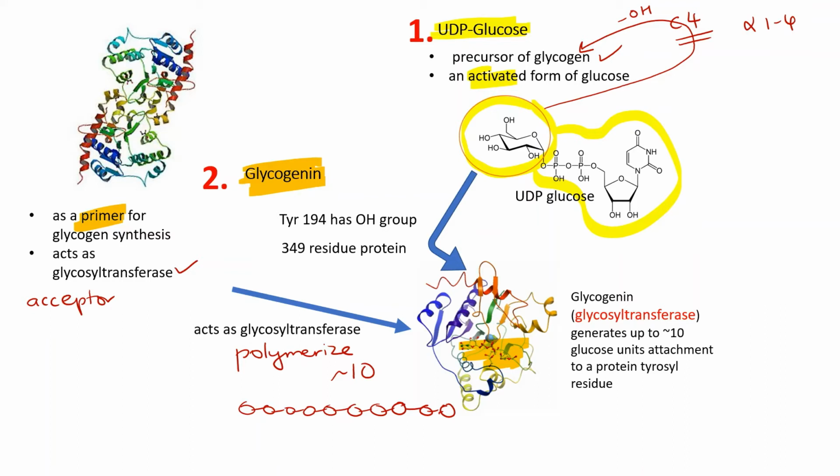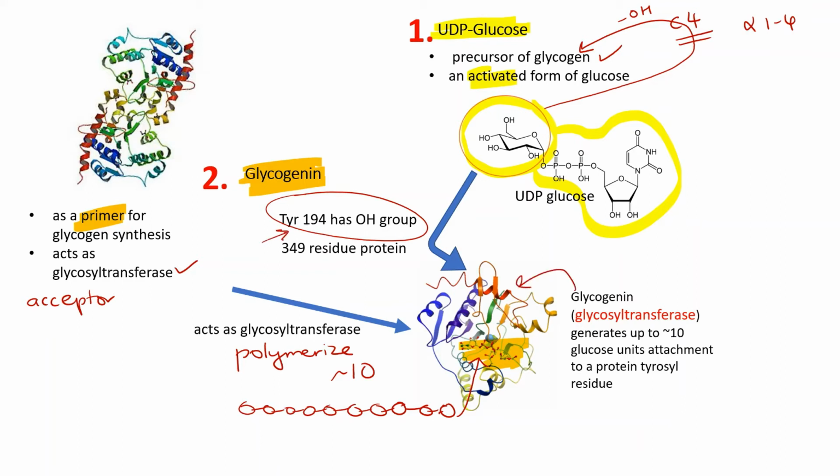Okay, these 10 units of glucose chain is attached to a tyrosine residue. Remember, I showed enzyme protein structure that contains sequence of amino acids. At that time, I showed you guys salivary amylase. Okay, as for this one, it has tyrosine at the position of 194 from all those 349 residue protein.